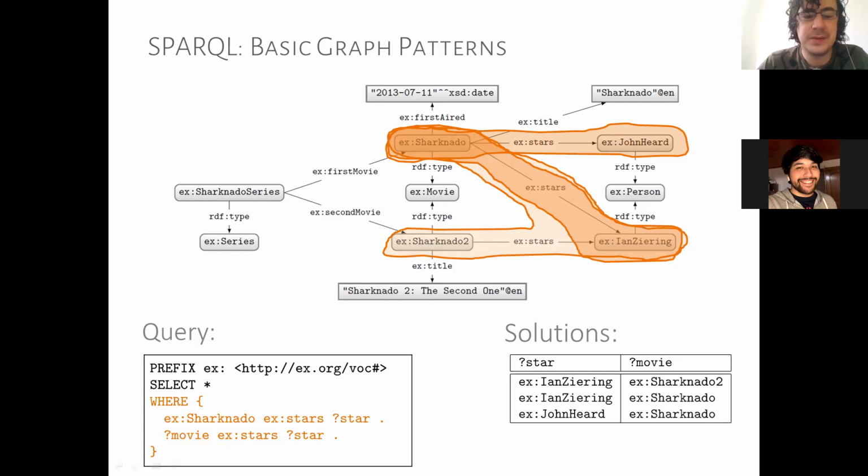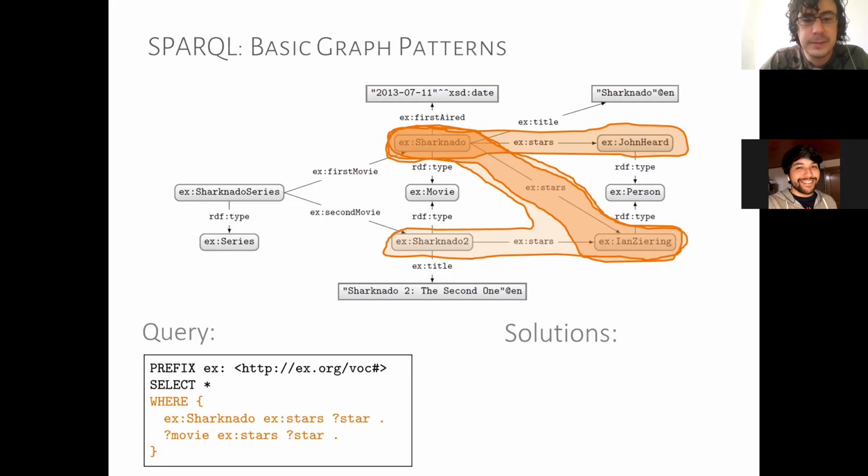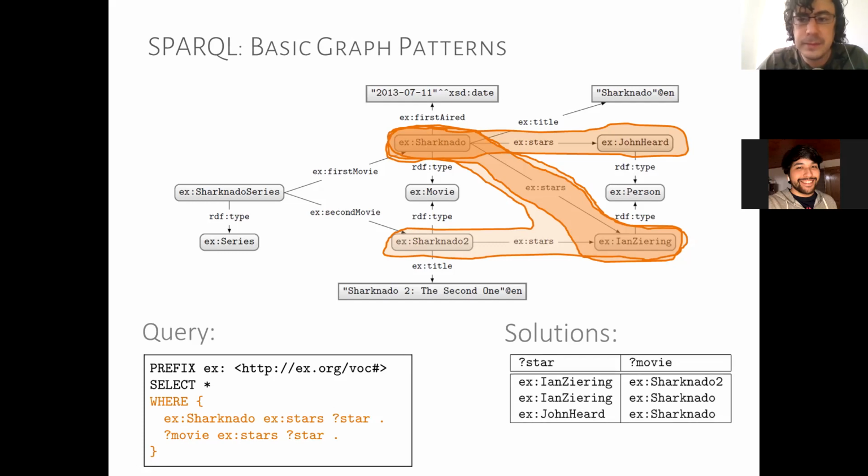So it's like a join between star here and star here. Since we defined star on the first line, on the second line it's used as a variable, because it's already defined. We know that the stars of Sharknado are Ian Ziering and John Hurt. So now we look for the movies of those people.